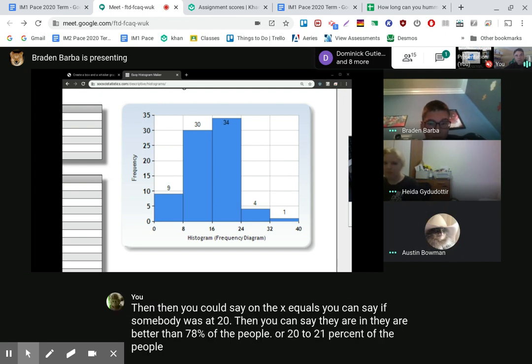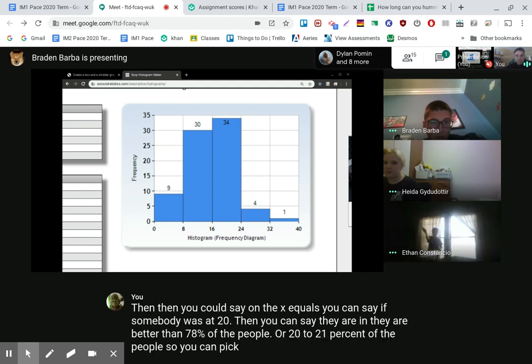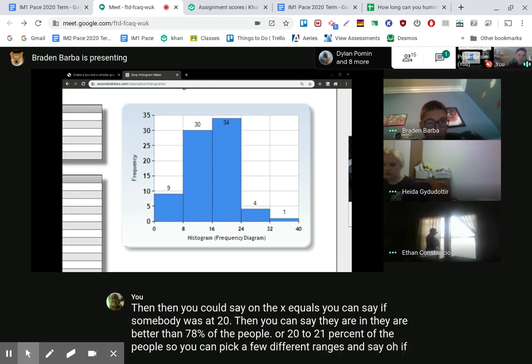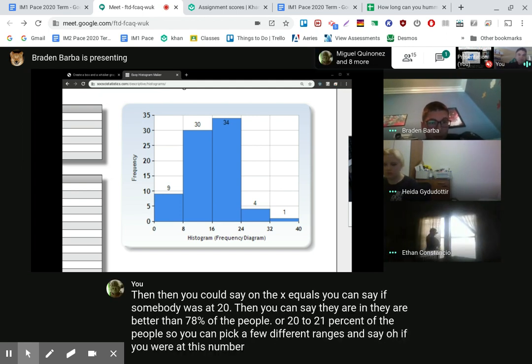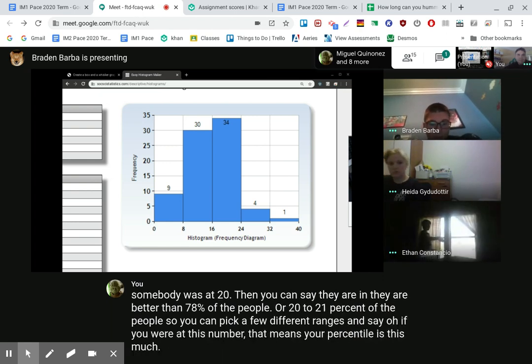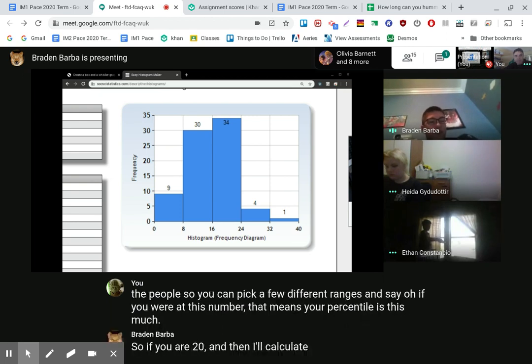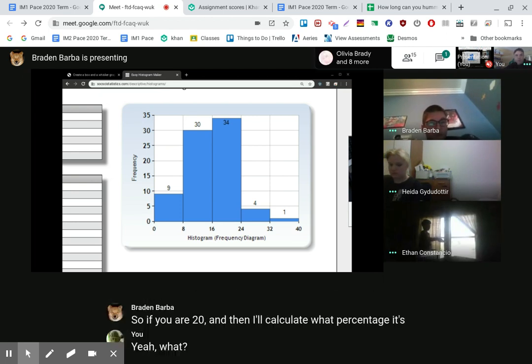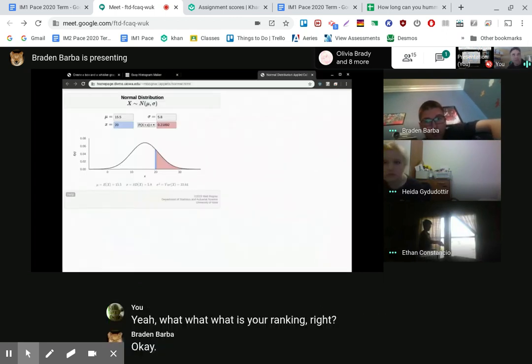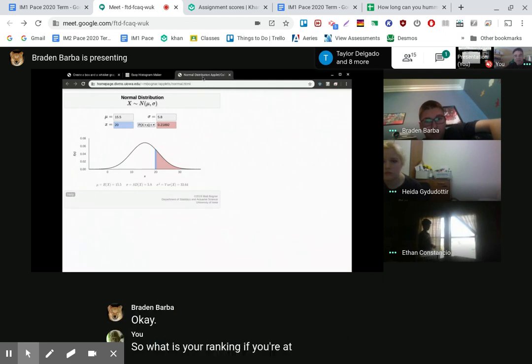So you can pick a few different ranges and say, if you were at this number, that means your percentile is this much. So if you're at 20, it'll calculate what percentage it's at. What is your ranking, right? And then zoom in on that for everybody.